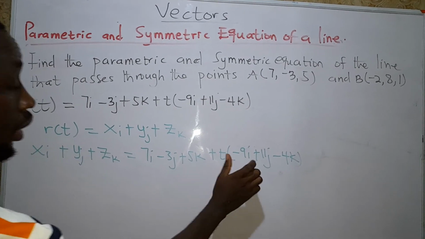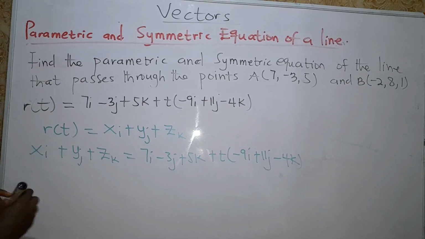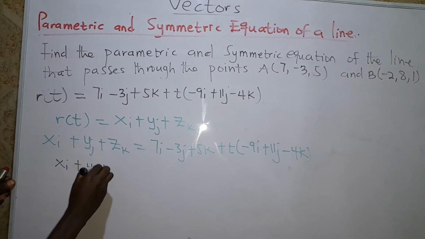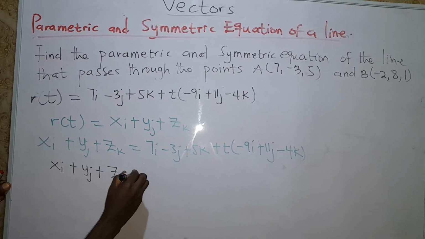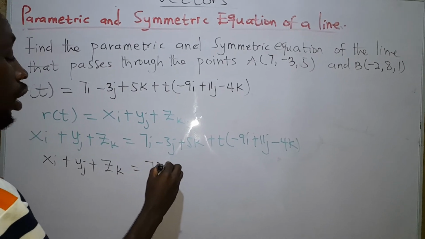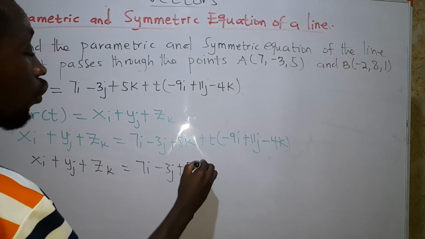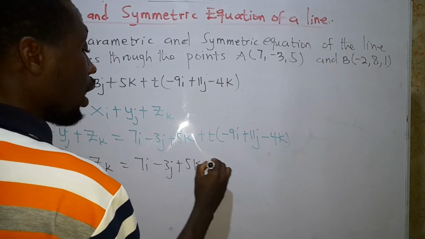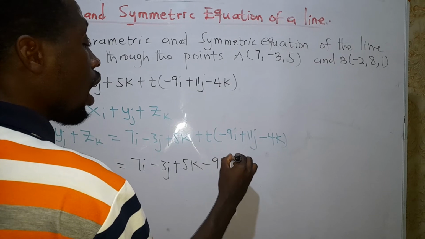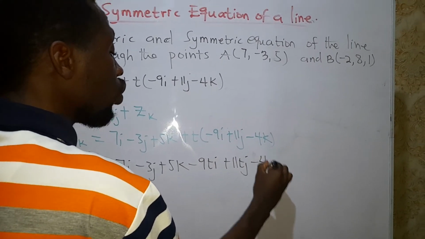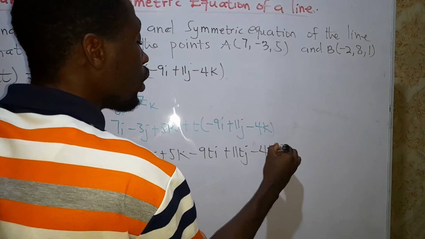Now we expand this. So we have xi plus yj plus zk equal to 7i minus 3j plus 5k, then minus 9ti plus 11tj minus 4tk.